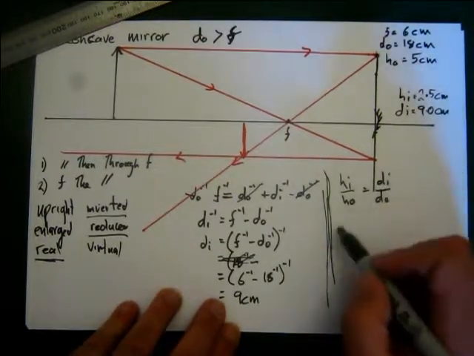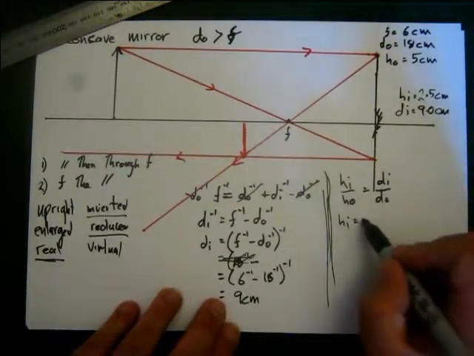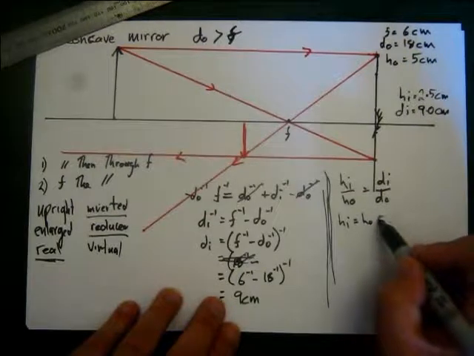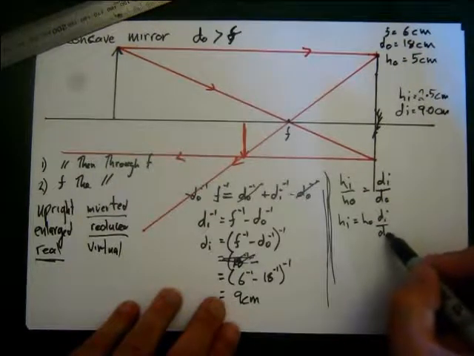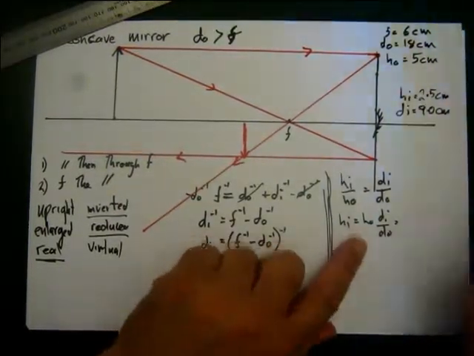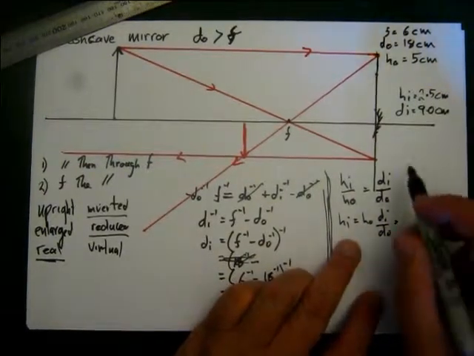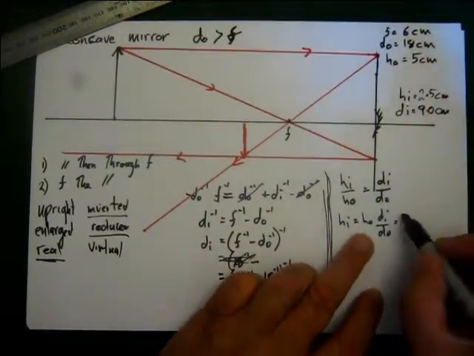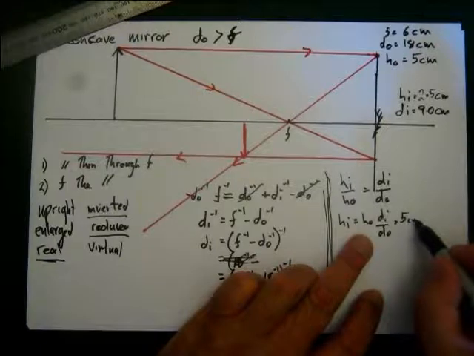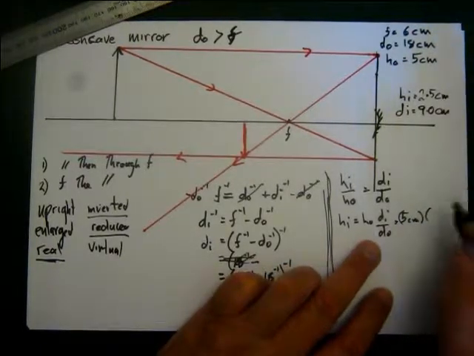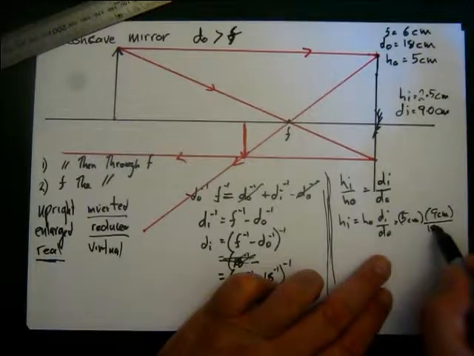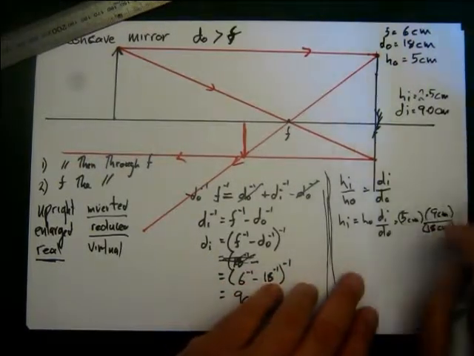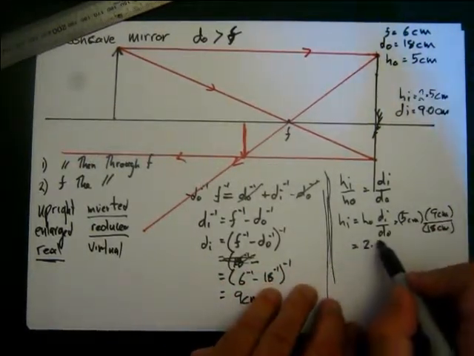I want to find out height image equals height object times DI over DO equals 5 centimetres times 9 centimetres over 18 centimetres equals 2.5 centimetres.